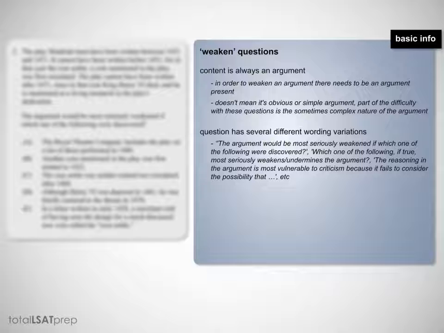The reasoning of the argument is most vulnerable to criticism because it fails to consider the possibility that, and then one of the answer choices, and things along those lines. Anything that asks you to weaken, to undermine, vulnerability to criticism, things like that will let you know that it's a weaken question. The correct choice for these questions states information that best undermines support for the conclusion.